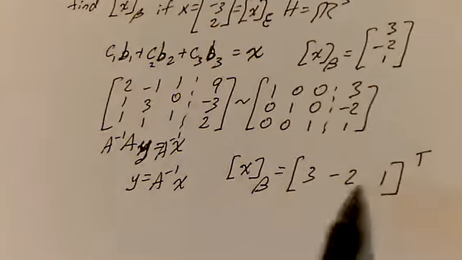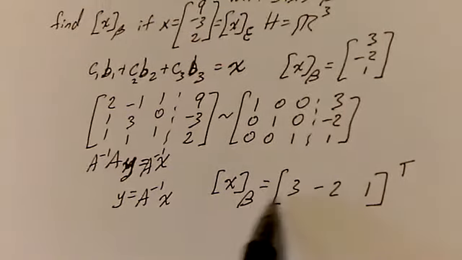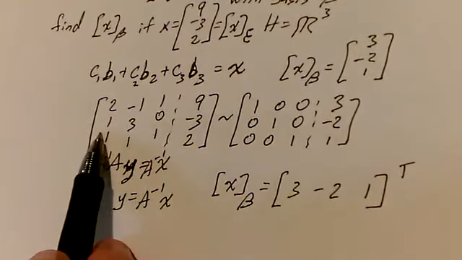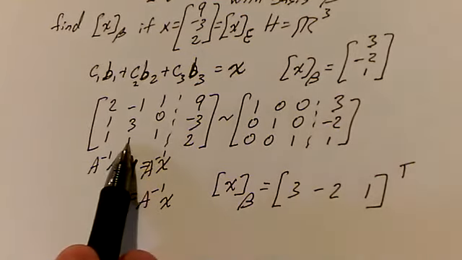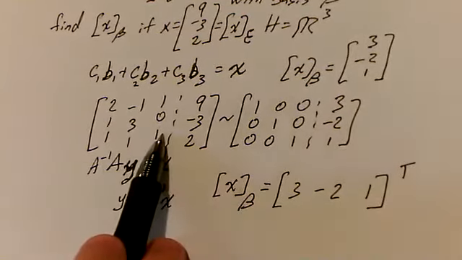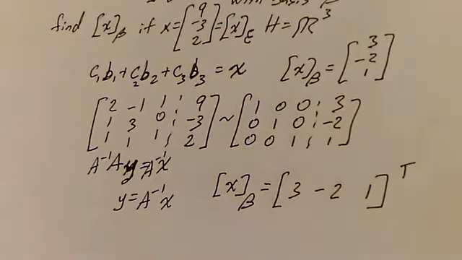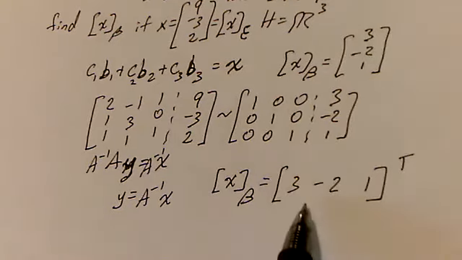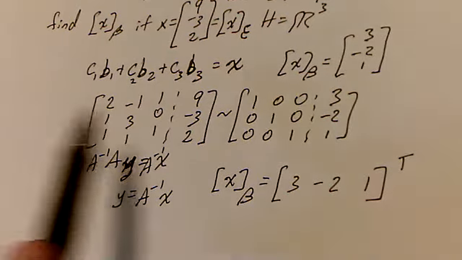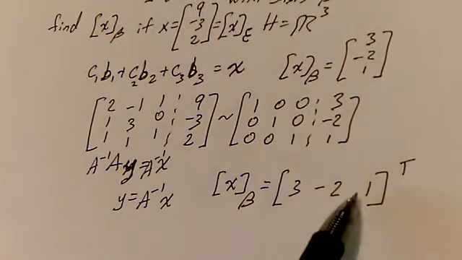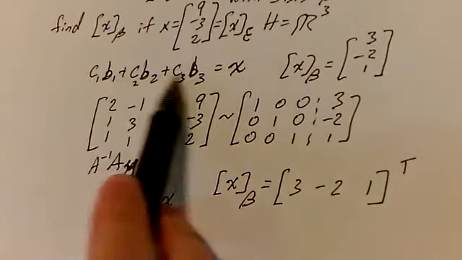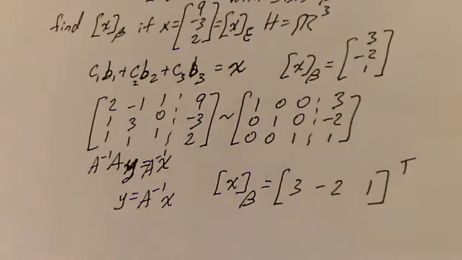But if you're doing that, all we're doing is taking 3 times the first basis vector, -2 times the second basis vector, and 1 times the third basis vector. So if you have this long setup of a problem that says this is a given coordinate, find the original, take your basis vectors and multiply them by their components. We know this equation has to be true and it has to be unique. That was the first thing I said in the chapter, that it has to be unique.